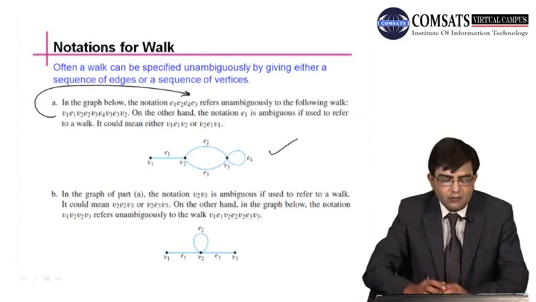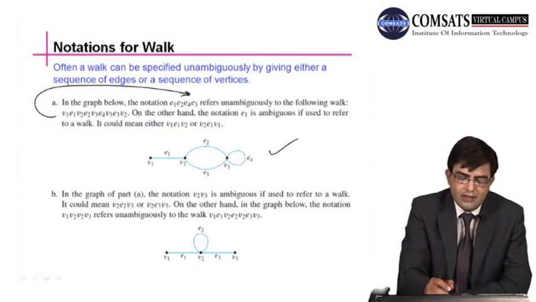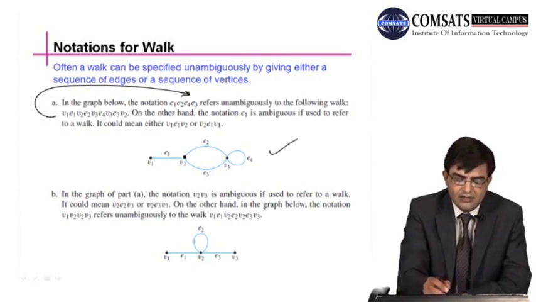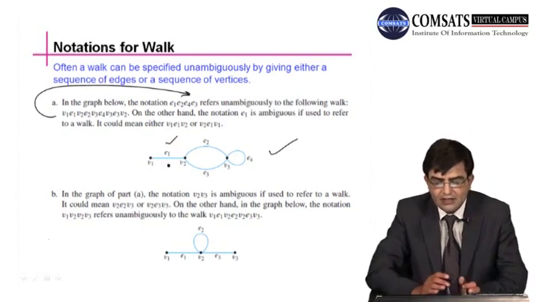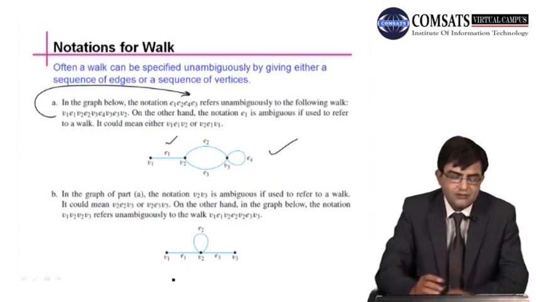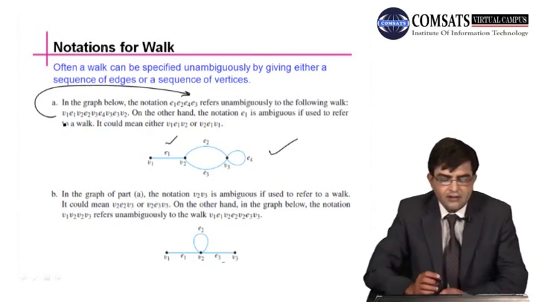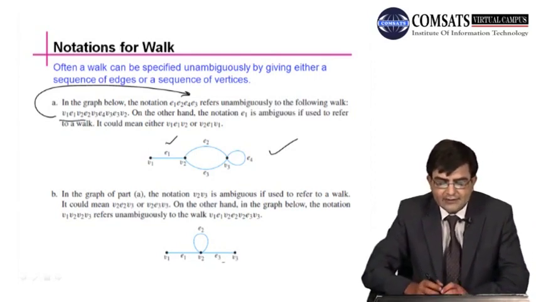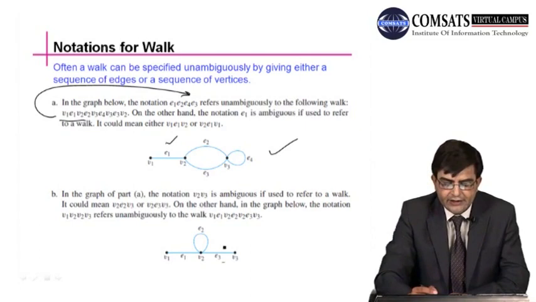If we write a walk v1, e1, v2, here we can write v1, e1 because the endpoints of e1 are v1 and v2, so therefore we write here v1, e1, v2. Next, either we can write v2, e2, v3 or v2, e3, v3.